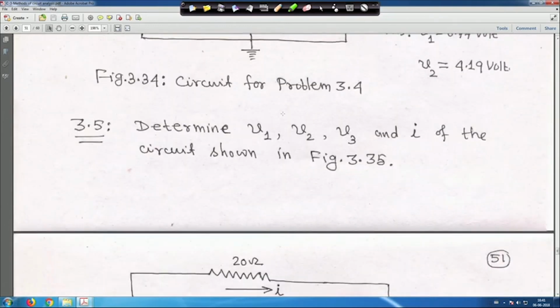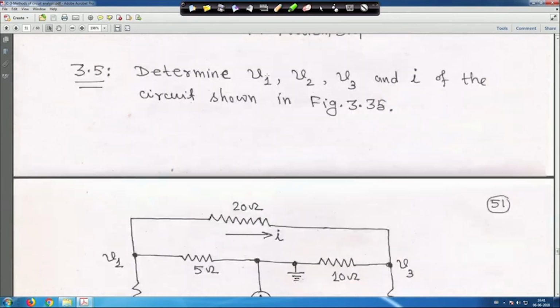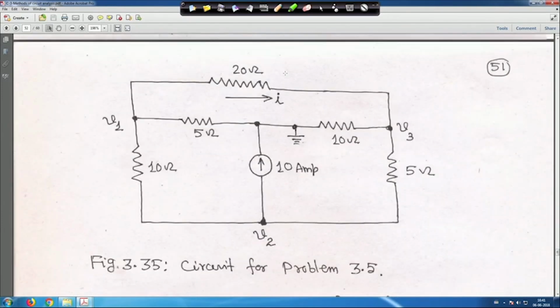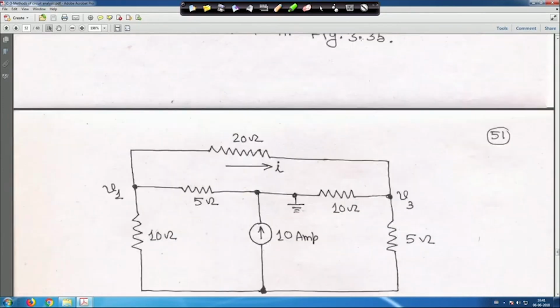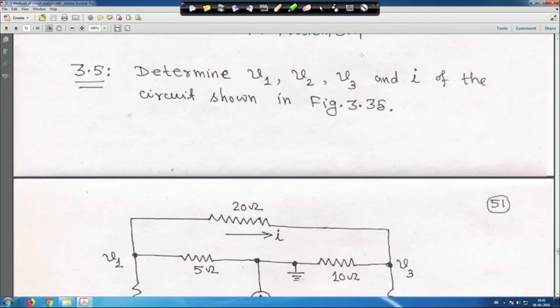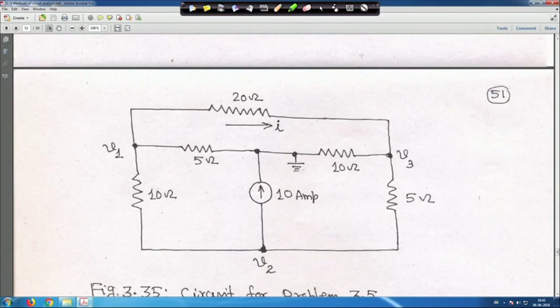As example 5, you have to find V1, V2, V3 and I of the circuit shown in figure 3.5. Here I am asking V1, V2, V3 and I. Don't overlook this, this is actually V2, here it is given.